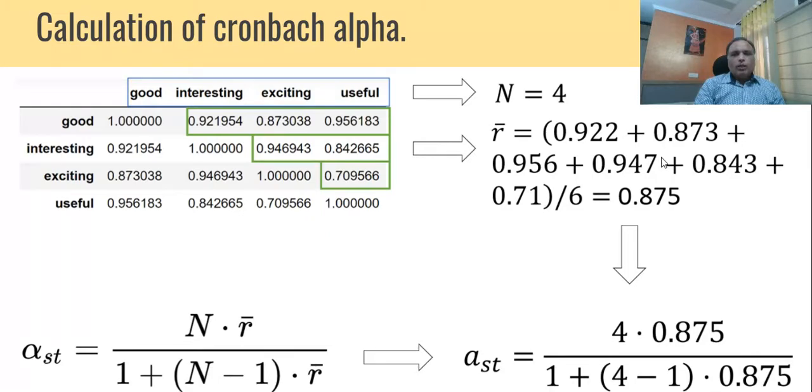So 1, 2, 3, 4, 5, 6. Above the diagonal or below the diagonal you can take the values; these remain the same. So R bar is the sum divided by 6, because we have 6 coefficients. When you calculate it, you get this value. Put this R bar in the formula, and capital N is 4. Now you can calculate the Cronbach alpha with your pen, pencil and notebook.